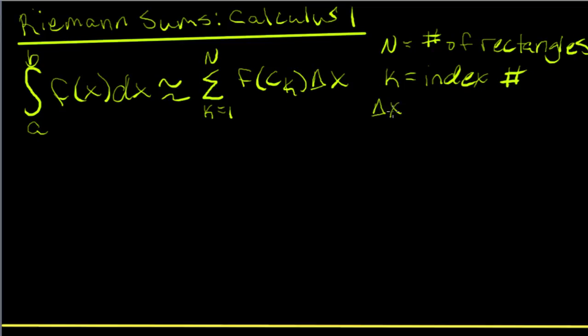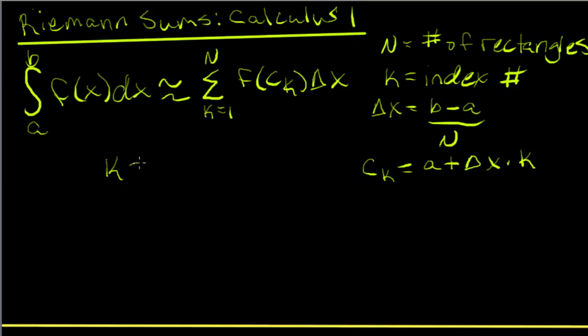Delta x is going to be b minus a over n, and c sub k is going to be a plus delta x times k. And our index numbers, k, is going to go 1, 2, 3, and so on, up until the number of rectangles that we have.